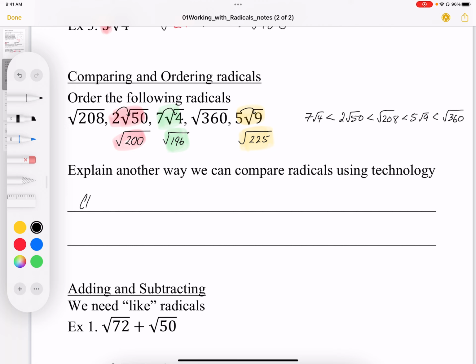So another way we could do this is we could just type these into our calculator, so we can check the decimal values. So when we check the decimal values of these, we do 7 times square root 4.